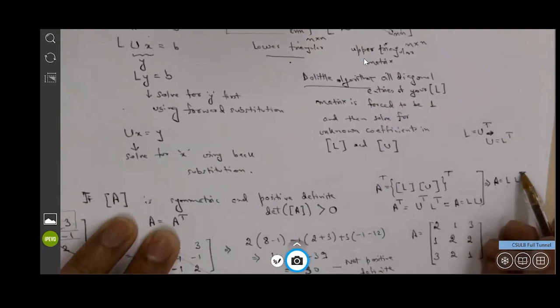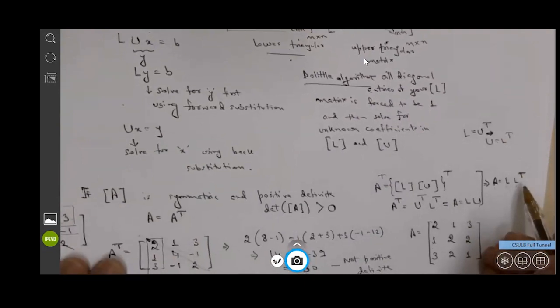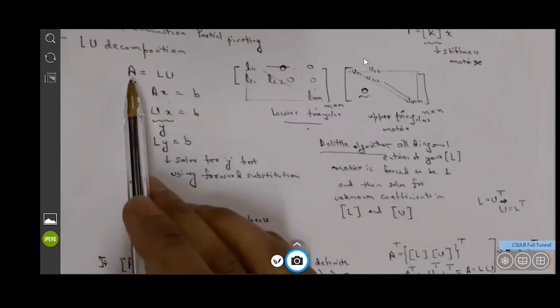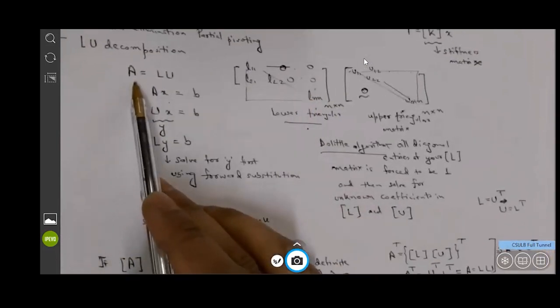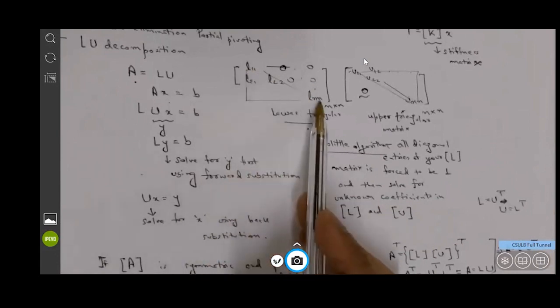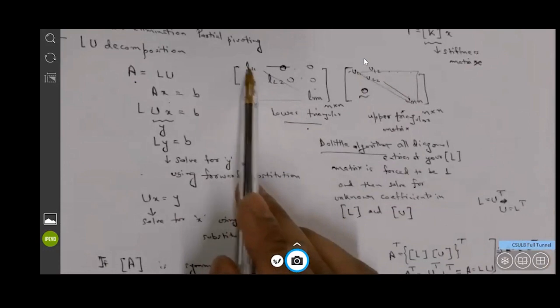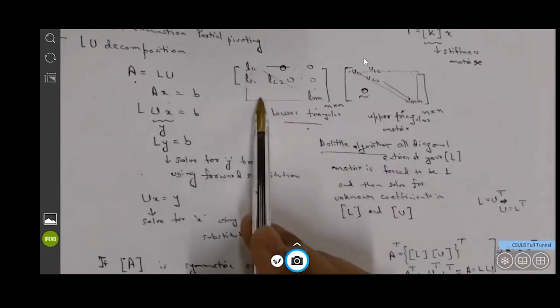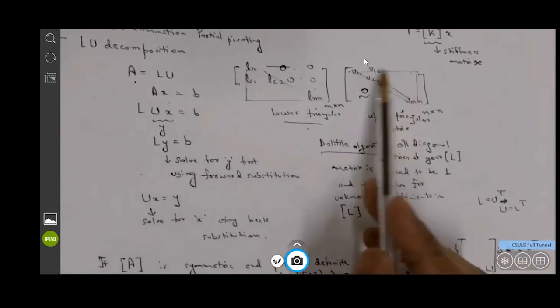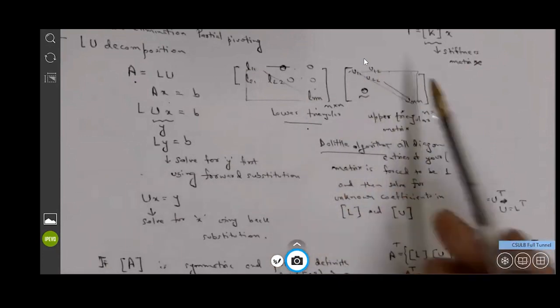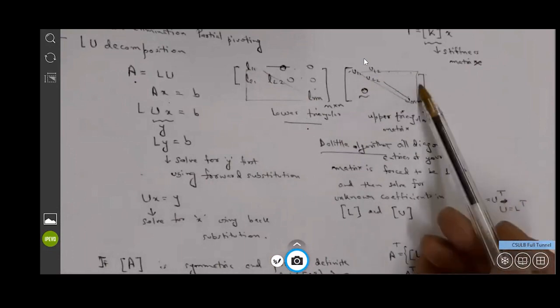The advantage of this is that you have fewer unknown coefficients to determine. Basically, you need to consider only the L matrix here. In a generic matrix that is not symmetric and positive definite, L and U have different elements. If it is a 3 by 3 matrix, the L matrix has 6, and similarly there is another 6 in the upper triangular form.